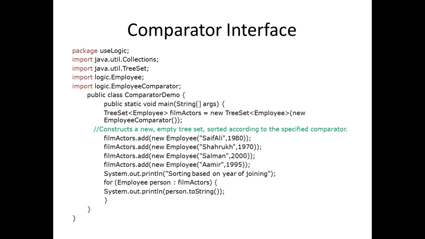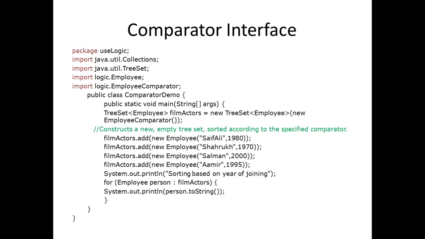It is new TreeSet of Employee. What is the argument given? The argument given is a new EmployeeComparator instance. This new EmployeeComparator instance triggers sorting of the employees based on their year of joining.